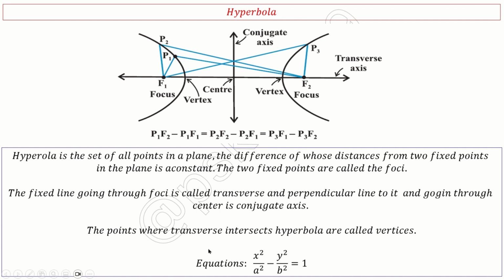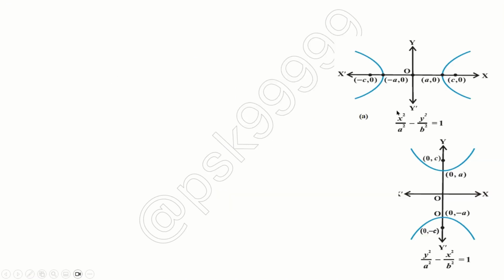The typical equation of hyperbola is x square by a square minus y square by b square equal to 1, okay. So depending on which one is in the positive side, not the minus, okay, the transverse axis is on it. Suppose in this case x square by a square, so you call the focus points as plus or minus c comma 0, and the vertices plus or minus a comma 0, and the transverse axis is x-axis, okay.